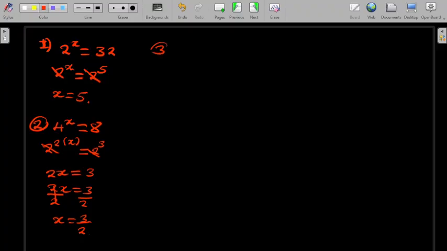Then our third equation is 5 to the power 2x minus 5, then minus 125, equal to 0. Given this, to solve for x, we'll first make negative 125 cross the equal sign.